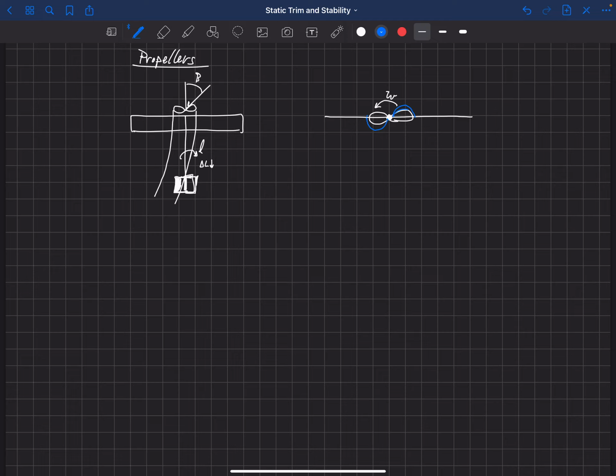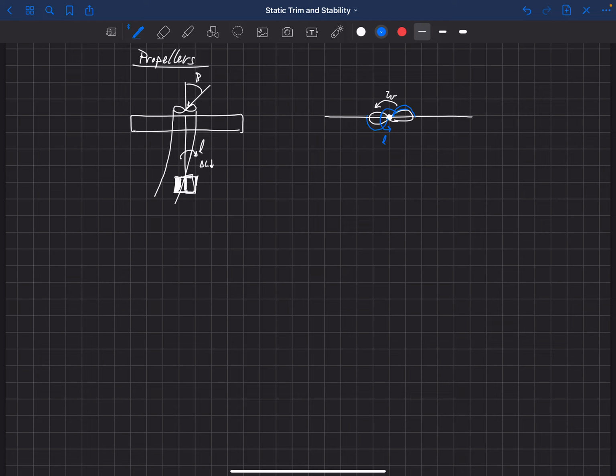And that's simply due to the induced velocity that's coming out of the slipstream. It's increasing the lift on the one side and decreasing it on the other. And so that's going to create a rolling moment in this direction. Okay, that's actually a positive rolling moment. All right, so for positive rotation rate, we get a positive rolling moment.